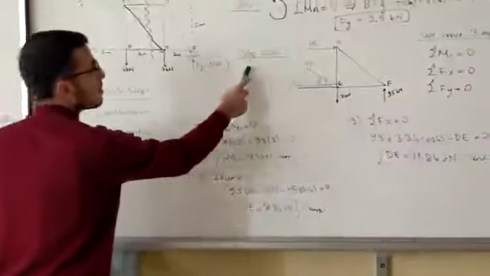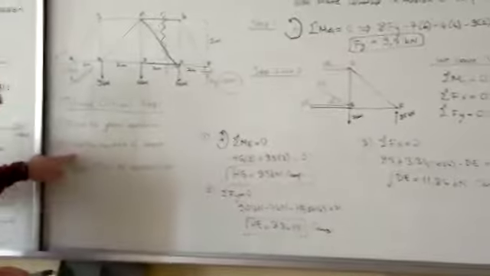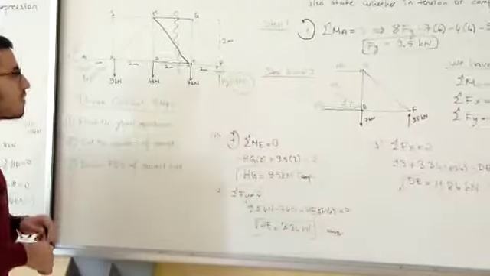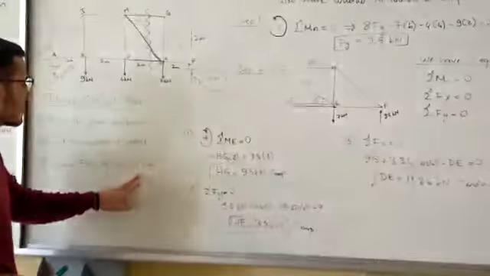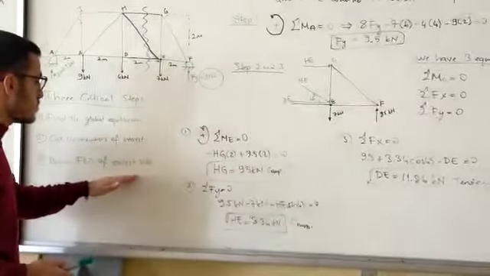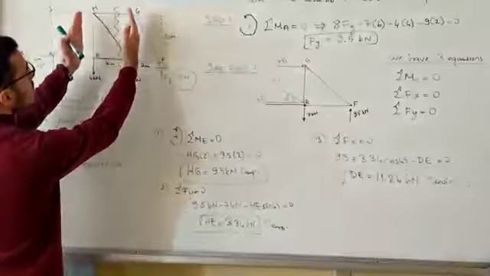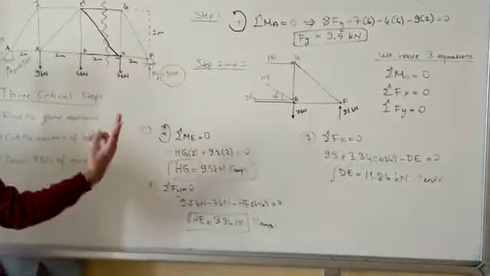And step 2 and step 3: cut the members of interest and draw an FBD of the easy side. And why do the steps say to use the easy side? Because when we want to find the forces in these members, we have two ways.